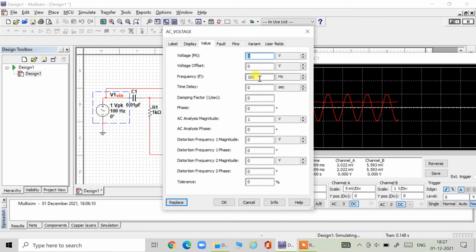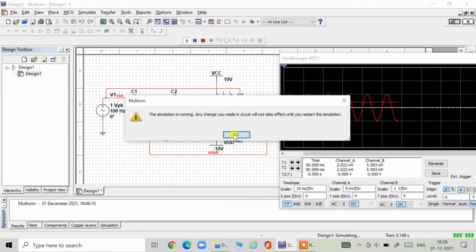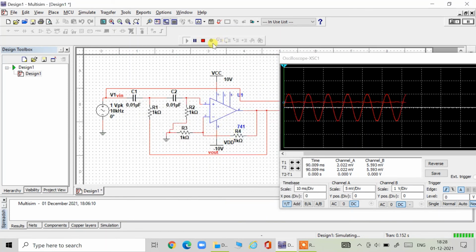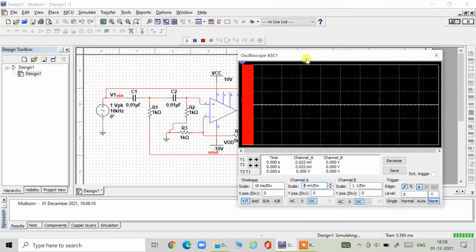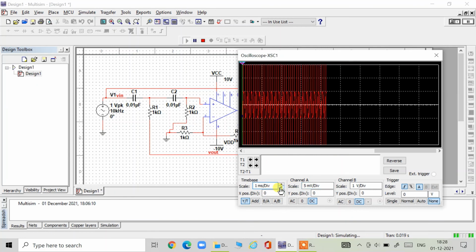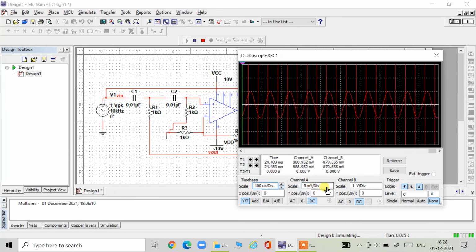Now I am making it 1 kilohertz, 10 kilohertz. Okay, it was running. Let me stop this. Again we have to start it. Now I have increased the frequency, so you can see.